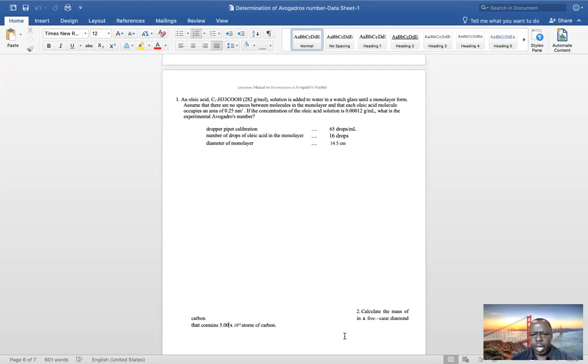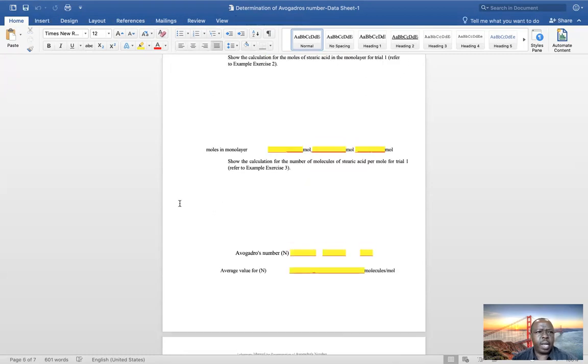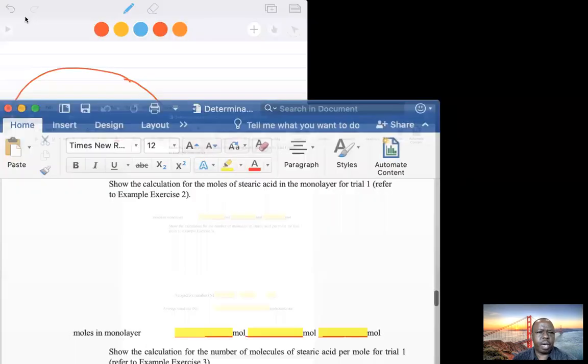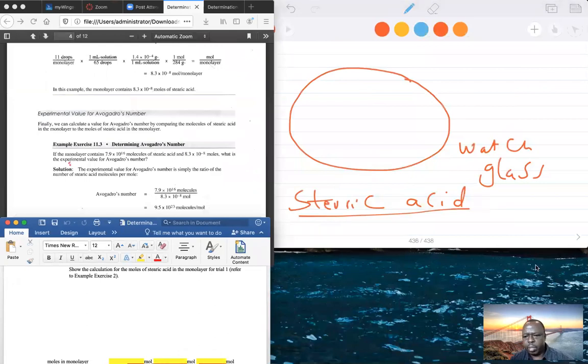Before I go through the questions, is there any question on how to find the Avogadro number? You can use the chat feature. Any question? I've given you the calculation already. It is pre-filled for you. The data sheet is pre-filled for you.